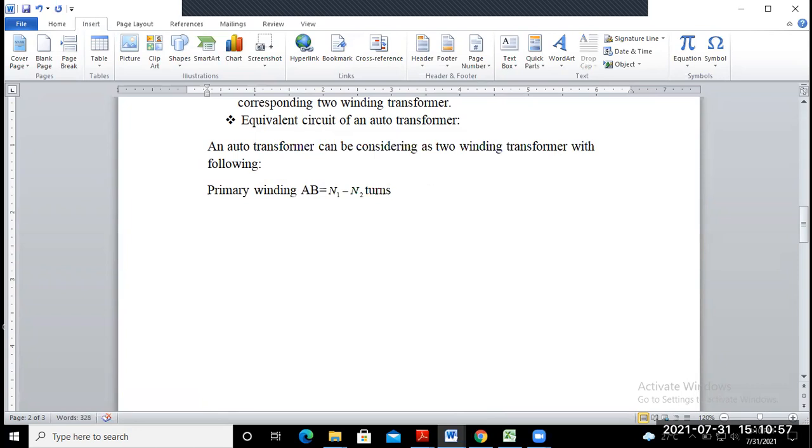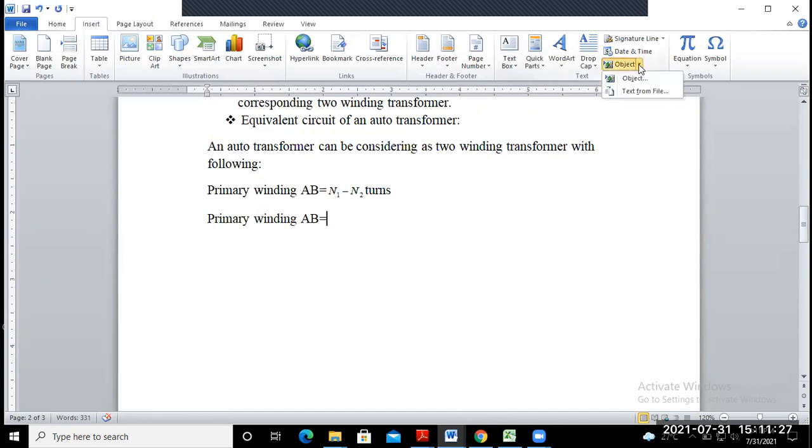What is the voltage that appears across the winding AB? V1 minus V2 volts. So primary winding AB has a voltage equal to V1 minus V2 volts.